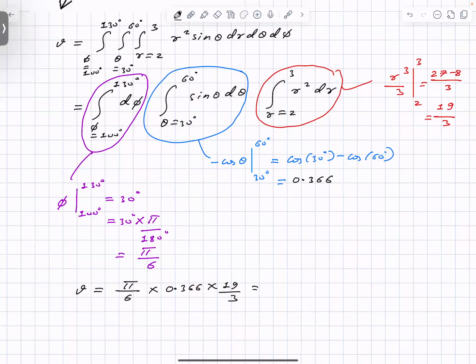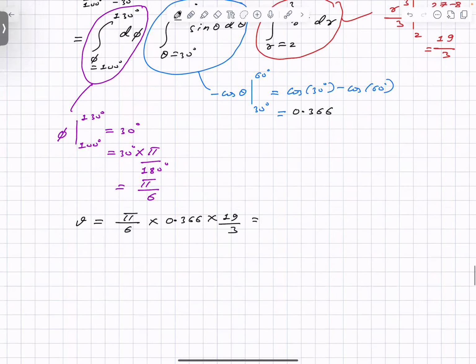Any questions? I have the final number for the volume. If you multiply them, you should get 1.214.